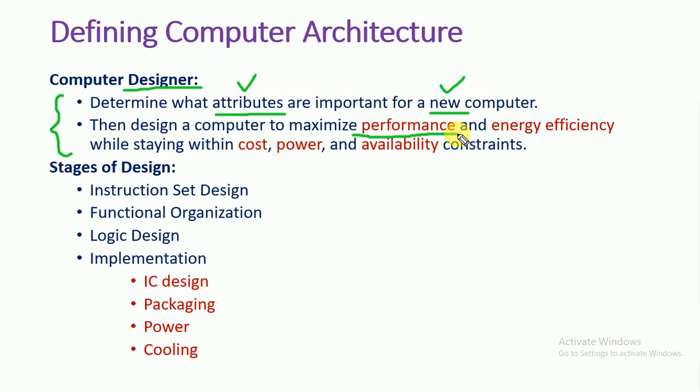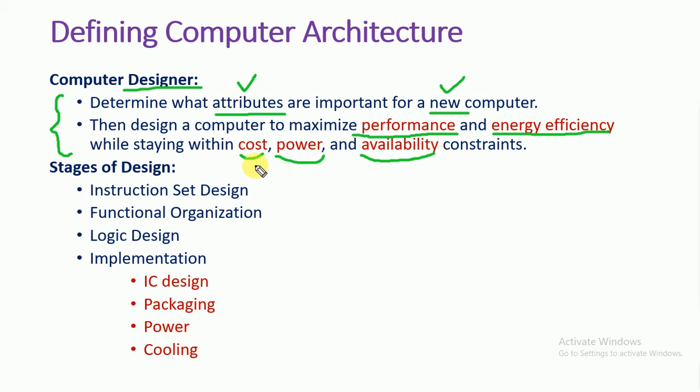He needs to consider some features: it should have more performance, it must be energy efficient, and these two major features, performance and energy efficiency, must be there when a designer proposes a new system.